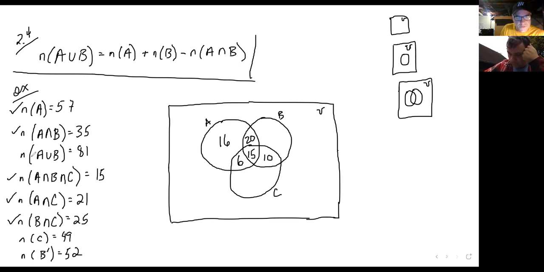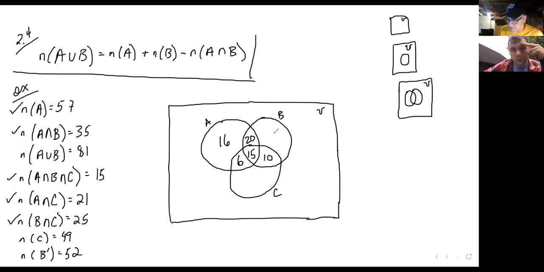Now I can go ahead and use this one. It says A union B is 81. That is all the regions comprising A or B. That would be 6 regions here, here, here, here, here, and here, of which I know 5 of the 6. So if I add up 16 plus 20 plus 6 plus 15 plus 10 and take that away from 81, that'll give me what I need to get my total of 81.